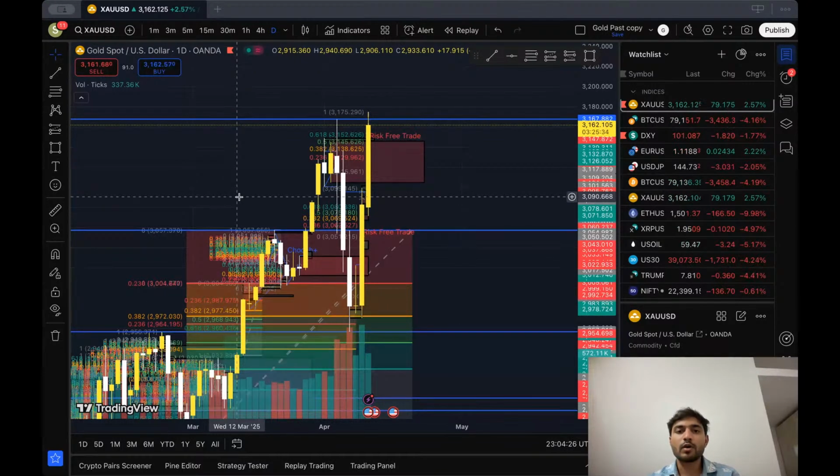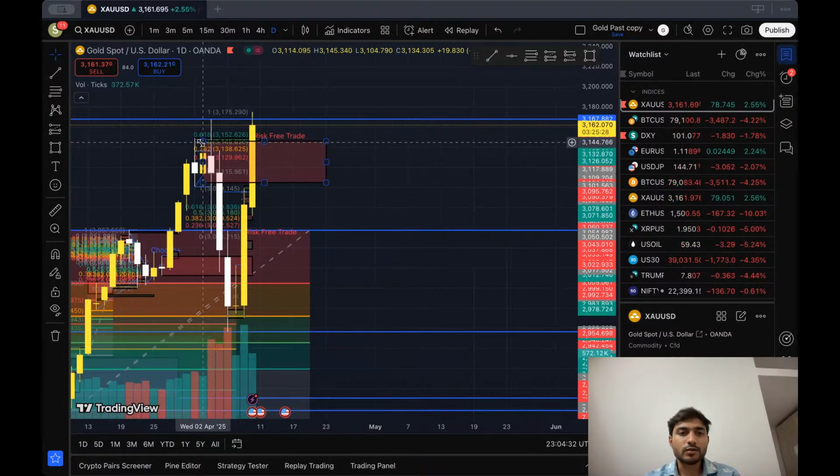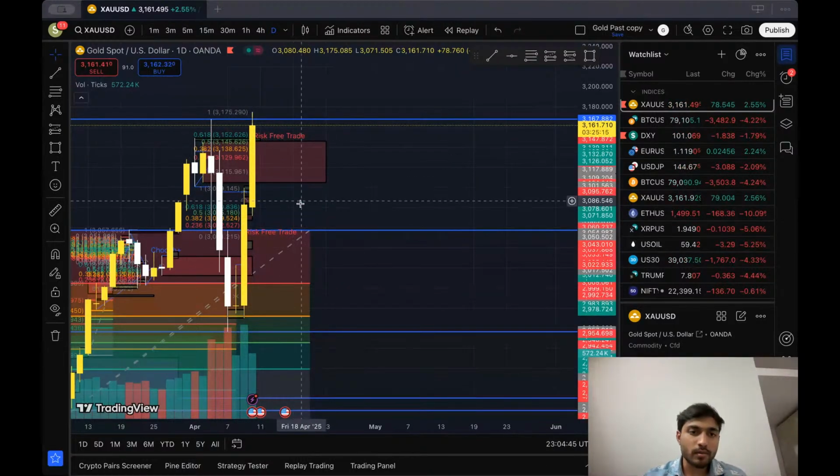You're understanding what I'm thinking and what I'm saying, right? So if this order block should be satisfied, that means its closing should be under this high. Whatever high it has, the order block has formed, it should be below that high, into this region or below this region.